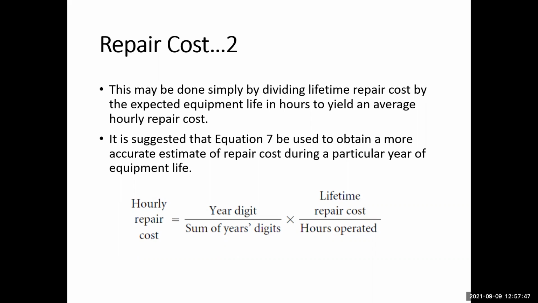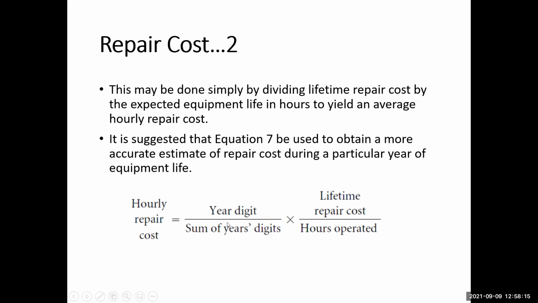Therefore, we can see that the repair cost can gradually increase from the earlier life to the later life. So in this case, we can use the sum of the years digit formula in the reverse order. Remember that in depreciation, we use the year digit in the descending order, but here we can use the year digit in the ascending order.